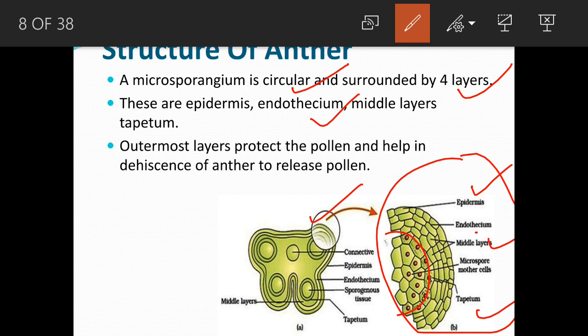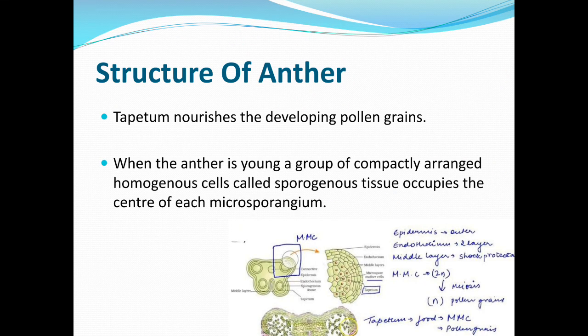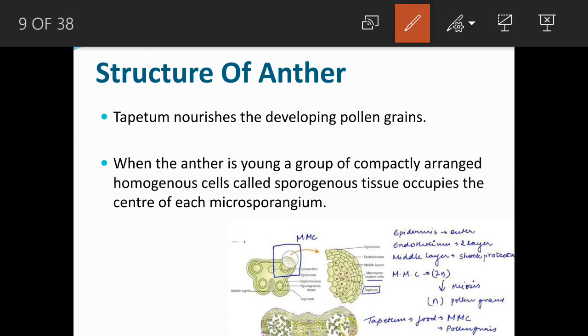So the function of the epidermis is to protect the pollen and help in dehiscence of the anther to release the pollen grains. The internal layer above the sporogenous tissue is the tapetum. It provides nourishment to the growing pollen grains.